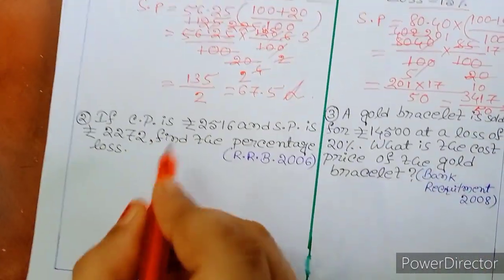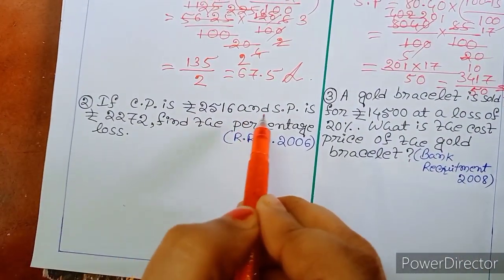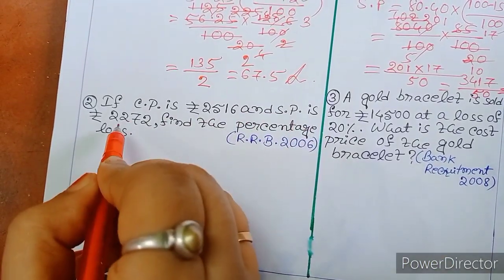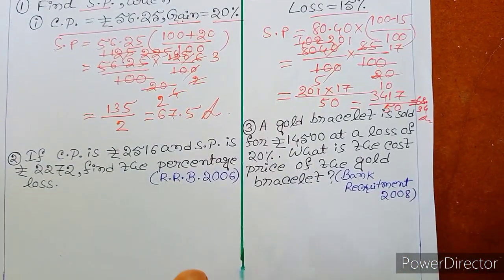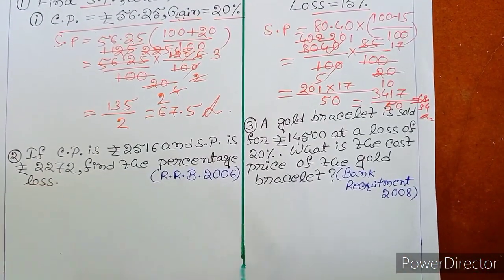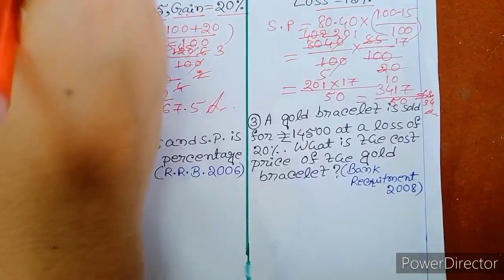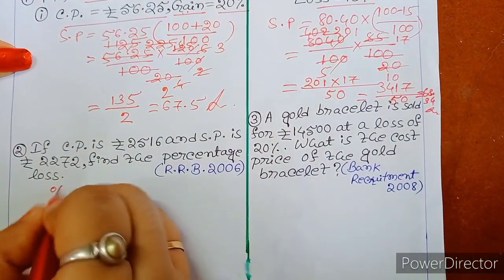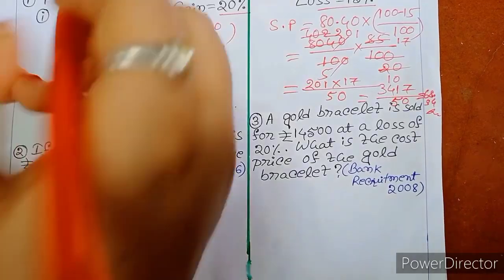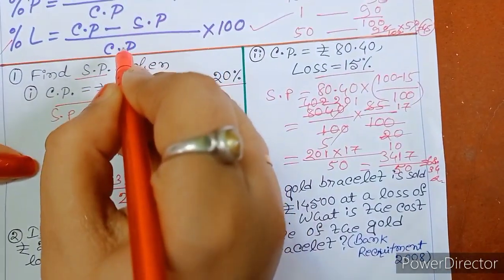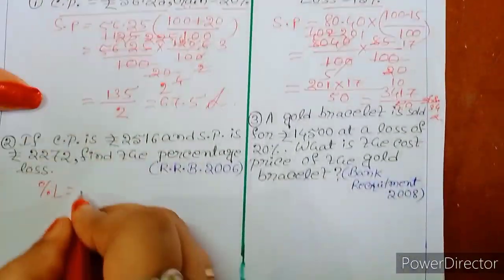Next question. If cost price is 2516 and selling price is 2272, find the percentage loss. So we use this formula. Percent loss equal to cost price minus selling price by cost price into 100.